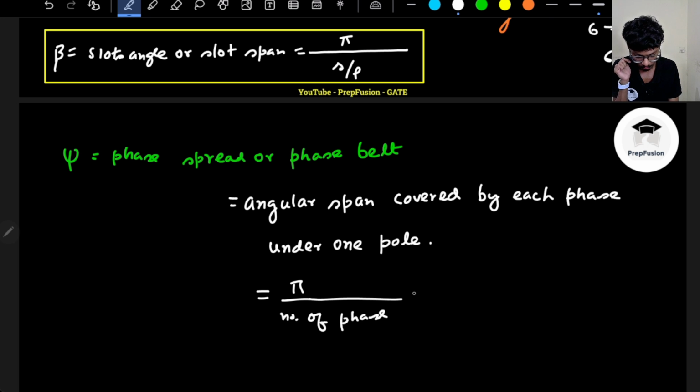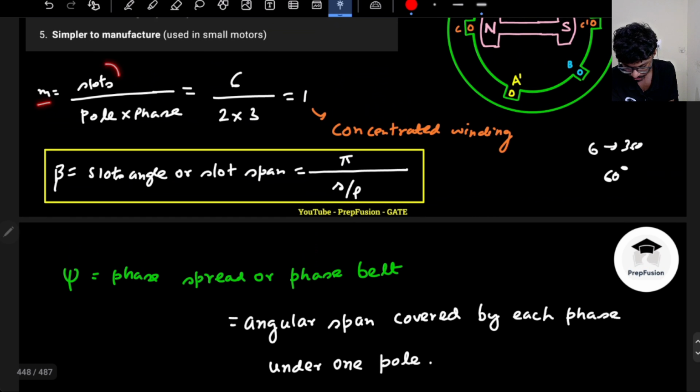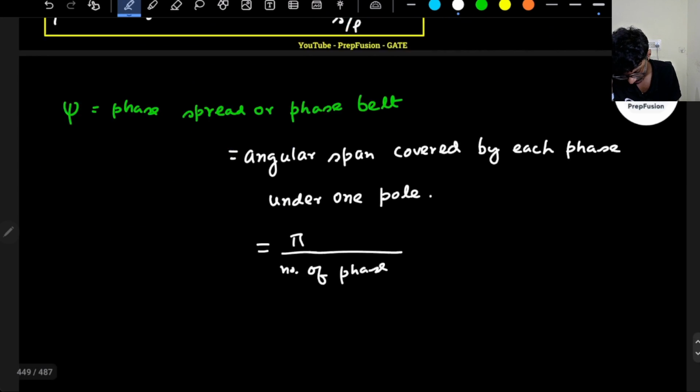Now, is this formula something familiar? Can I write the number of phases in terms of m? I know m is equal to slots per pole per phase. So the number of phases will be slots per pole divided by m.